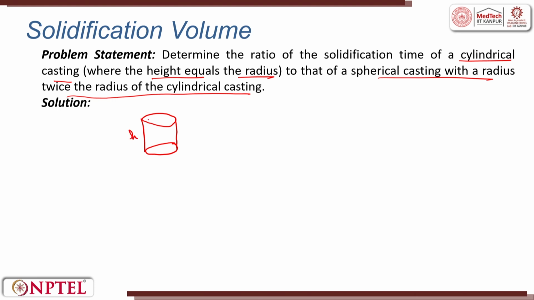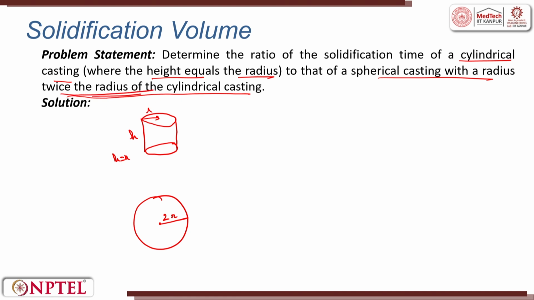So, we have height and this is radius, here h is equal to r, right, and we have a sphere. Here the radius is 2 times r, twice the radius of the cylinder.